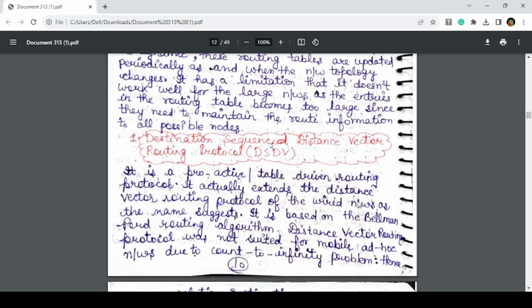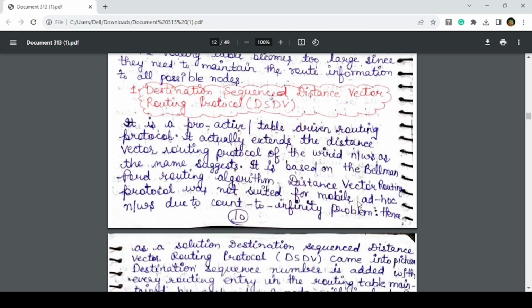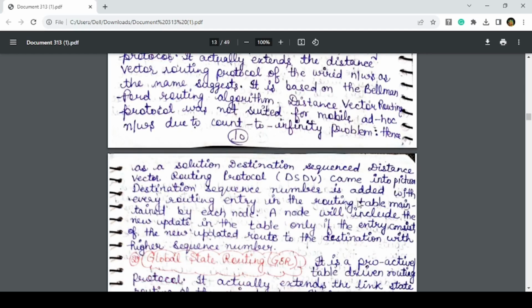Distance vector routing protocol was not suited for mobile ad hoc networks, due to count-to-infinity problems. As a solution, destination sequenced distance vector routing protocol came into existence, and a destination sequence number is added with every routing entry in the routing table maintained by every node.